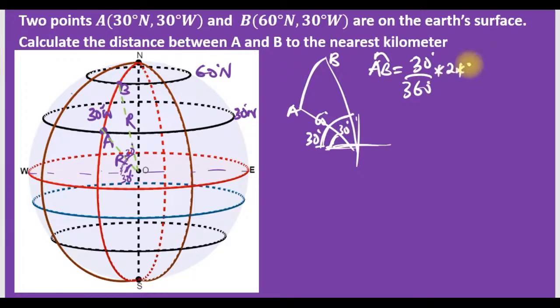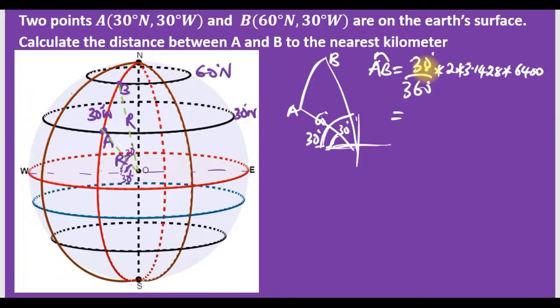We take pi as 3.142 and the radius of the earth as 6,400 kilometers. Using our formula 2 pi r, let me get my calculator.